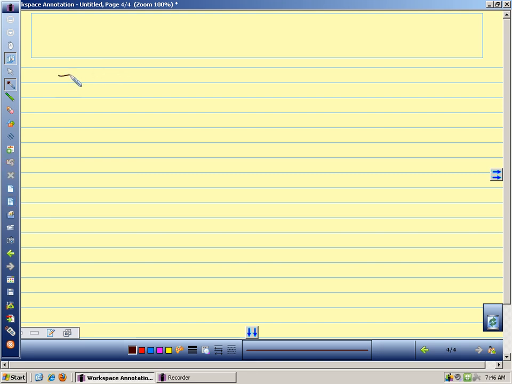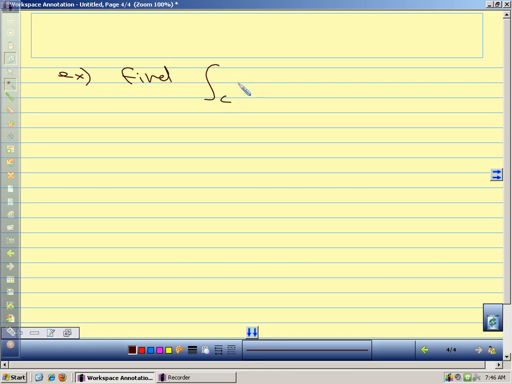So for this example, we want to find the integral of F dot dr for F equals x squared y i plus x y to the 3/2 j.